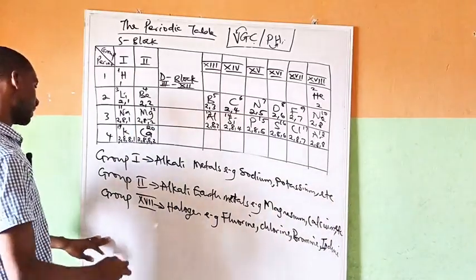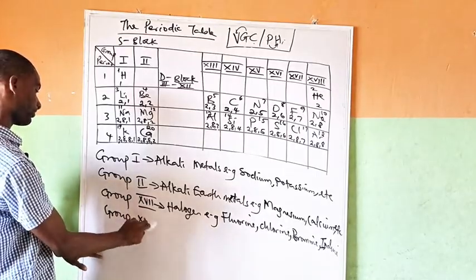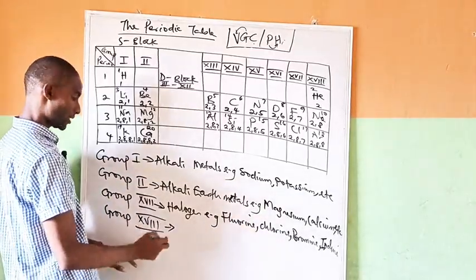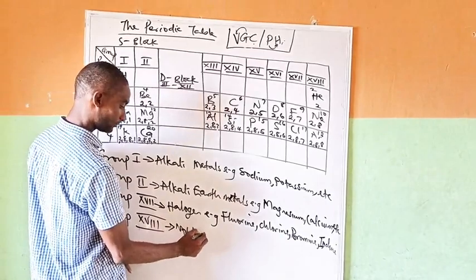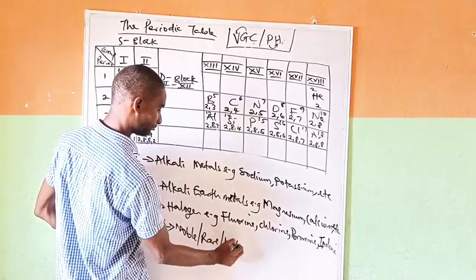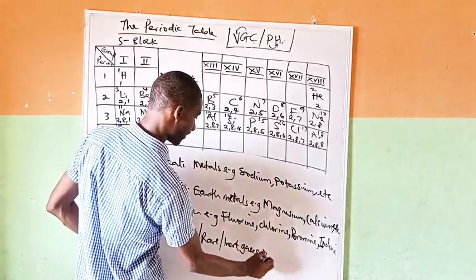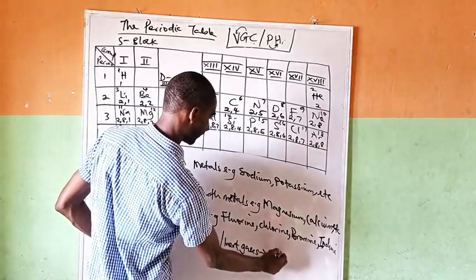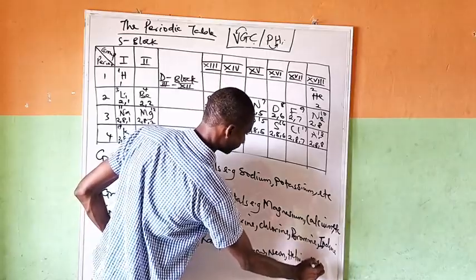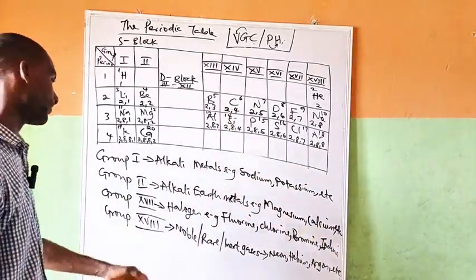All right, and then you have the group 18. Group 18 elements are called the noble gases, or rare or inert gases. Examples are neon, helium, argon, etc.